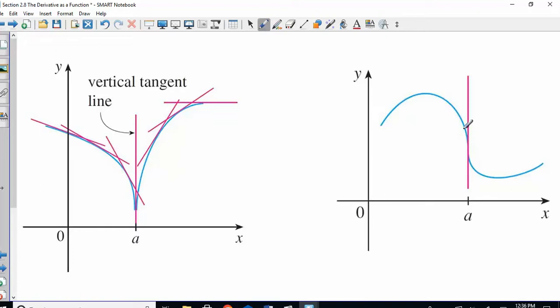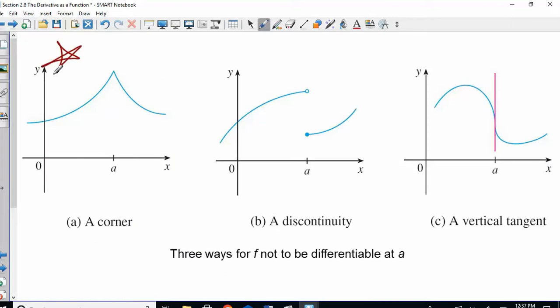This kind of graph, it's not quite as obvious, but this right in here turns into a vertical tangent line because it's just a very steep drop there. So this slide just summarizes what makes it not differentiable. Corner, discontinuity, vertical tangent line.